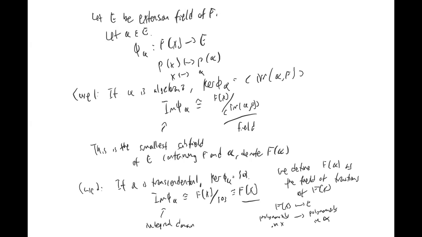And there are no relations, because the kernel's trivial. So think of the image of phi alpha as all polynomials in alpha, and then the field of fractions is just quotients of polynomials in alpha. So these are the elements in here. This is for the transcendental case, right? Everyone clear so far?